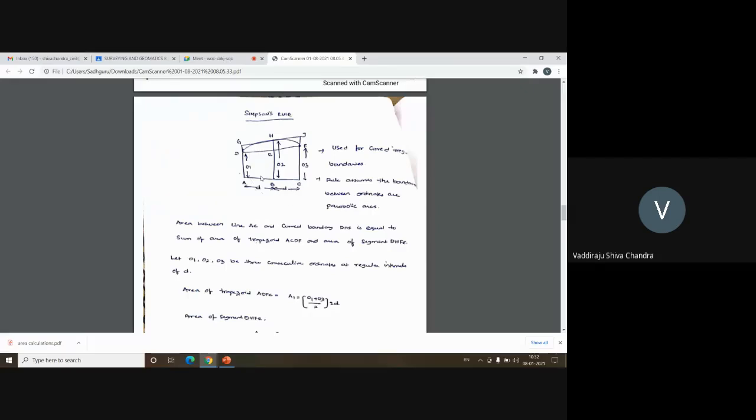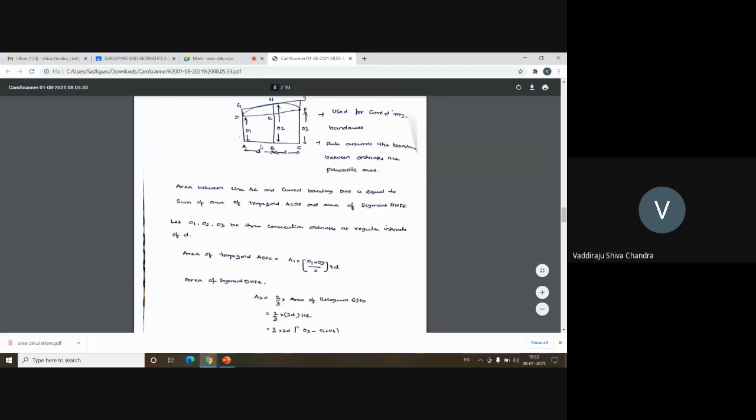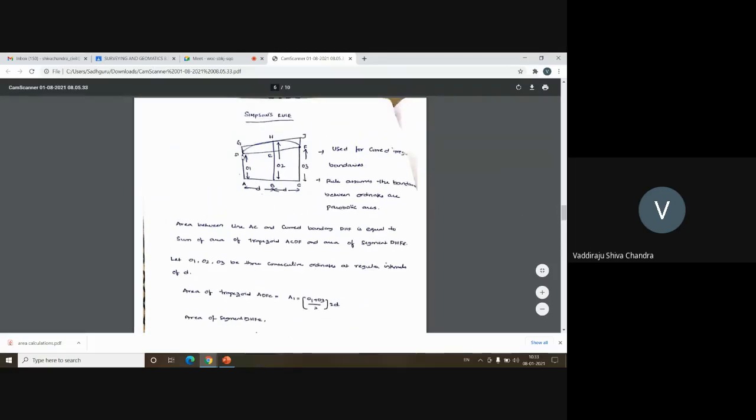And the area of segment DHFE: the area of a parabolic segment is 2/3 of the area of the parallelogram. You can see here we have a parallelogram. I'm extending point D to G, extending point F to J, and joining the line GJ passing through H. So it becomes a parallelogram.